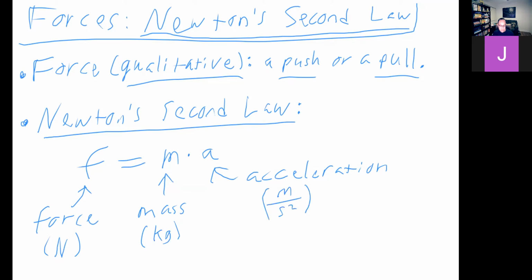So force in newtons equals kilograms times meters per second squared. That's a quantitative definition of force, and we're going to make good use of it today. But first, let's talk about a couple different types of forces.